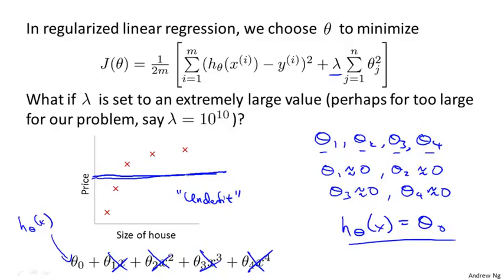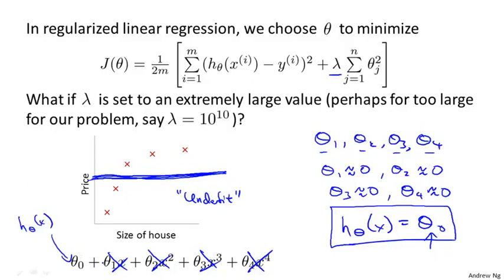Another way of saying this is that this hypothesis has too strong a preconception or too high a bias that housing prices are just equal to theta 0. And despite the clear data to the contrary, it chooses to fit just a horizontal flat line to the data.